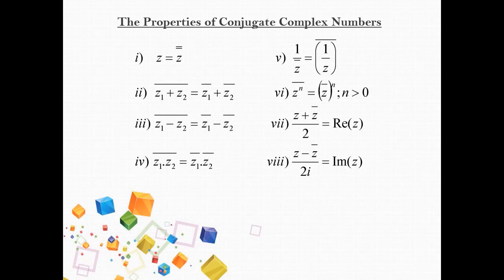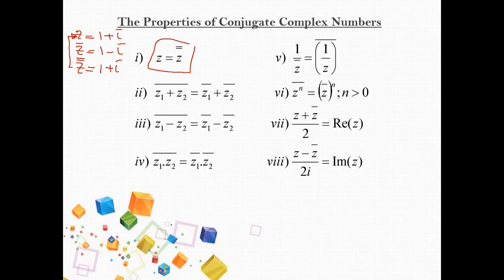For example, if you have z equal to 1 minus i, the conjugate of z is 1 plus i. And if you find the conjugate once again from this conjugate, meaning the double conjugate, this will give you back your z, 1 minus i. That's why it says here z is equal to the double conjugate of itself.